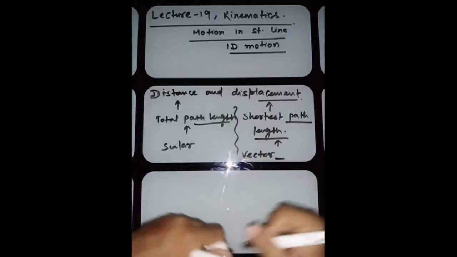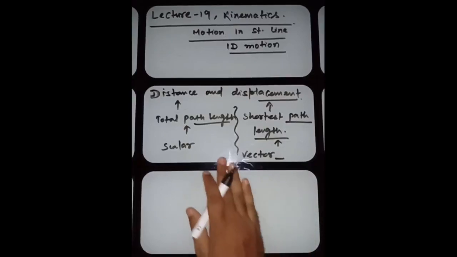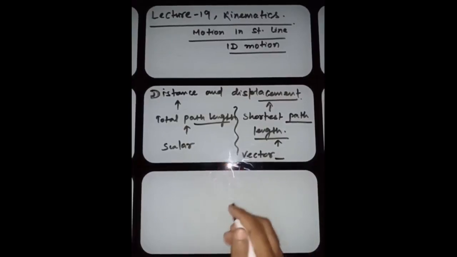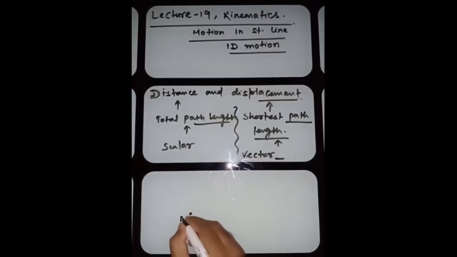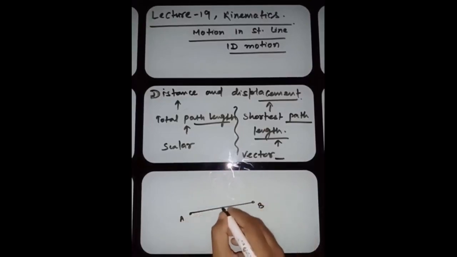Okay, my dear students, let's see a very simple example mentioned in our NCERT book. Suppose this is point A and this is point B. A boy starts moving directly from A to B using this path 1.